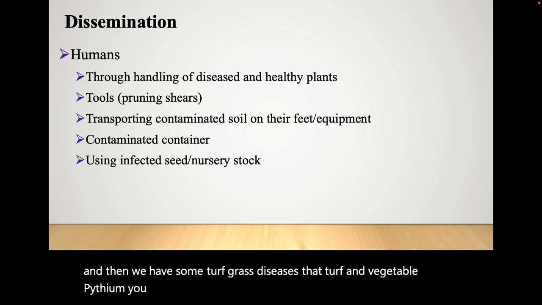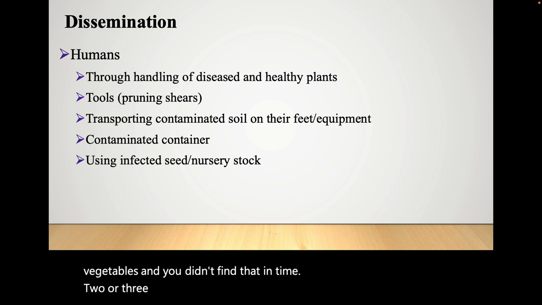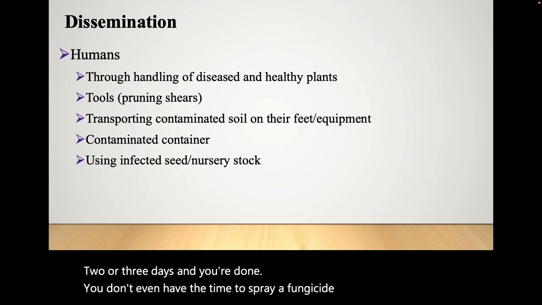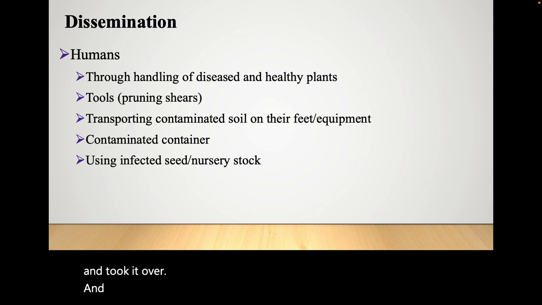You get pythium either on your turfgrass or in your vegetables and if you didn't find that in time, 2 or 3 days and you're done. You don't even have the time to spray a fungicide. It's already infected and took it over. And there's nothing you can do about that.